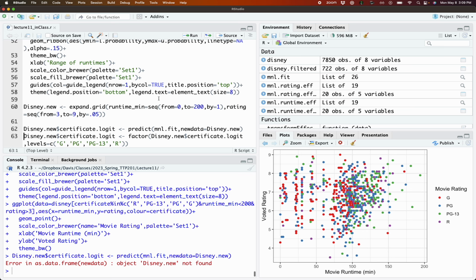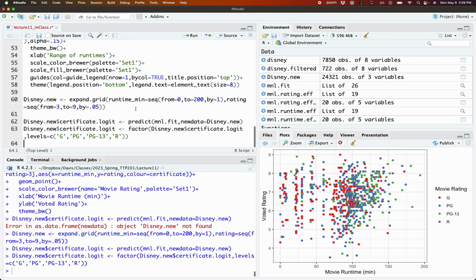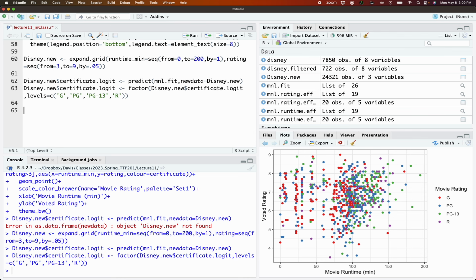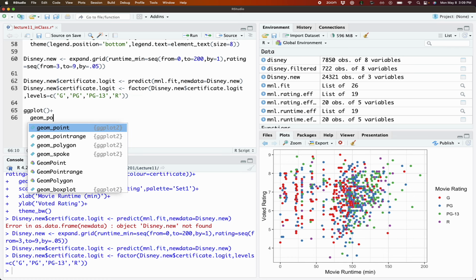These give the predictions. And I can go ahead and plot that. So geom point.